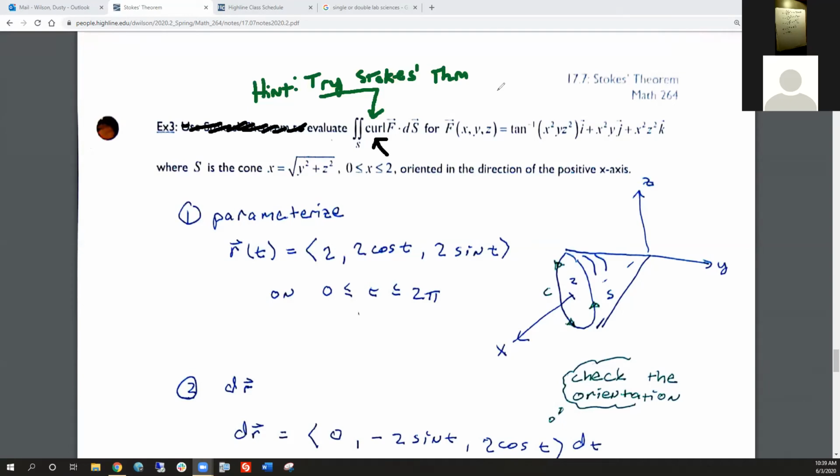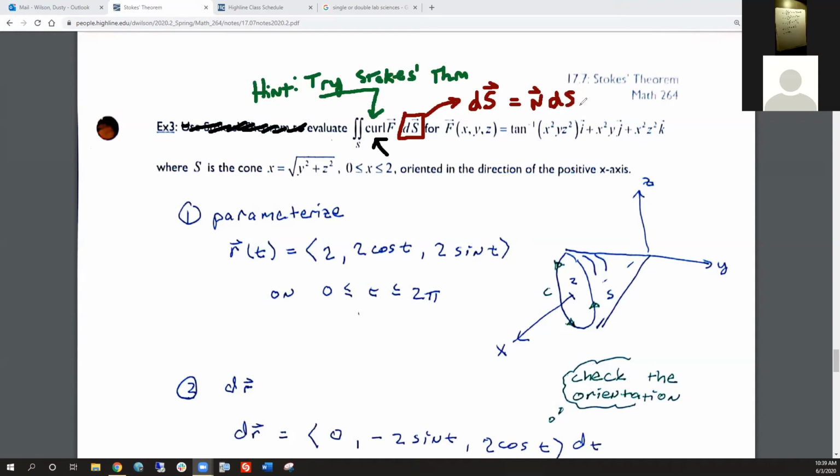Very good. The second note before we work on this is about the differential element here. I simply want to remind you that dS with the vector arrow over the top is the same thing as n dS without the arrow over the top.